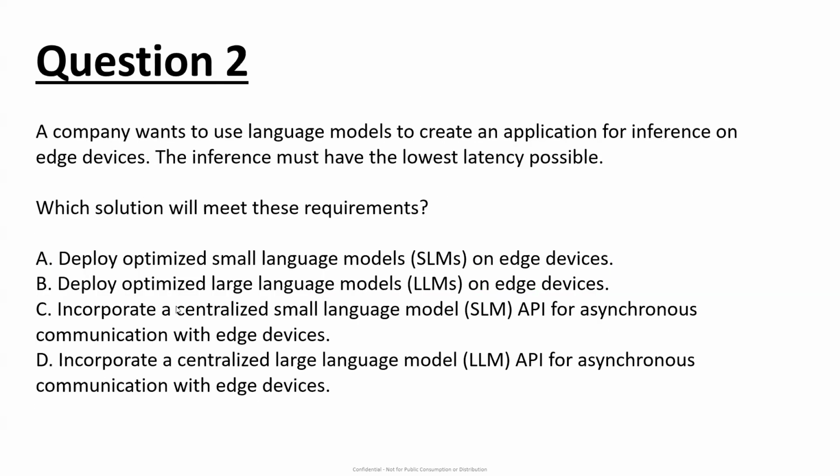Question 2, a company wants to use language models to create an application for inference on edge devices. The inference must have the lowest latency possible. Which solution will meet these requirements? Okay, we didn't go through SLM, but LLMs we discussed, what is a large language model.